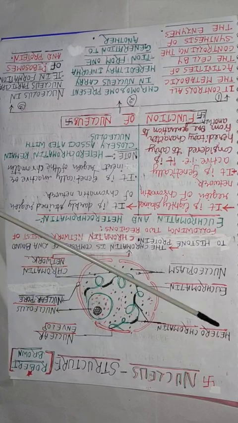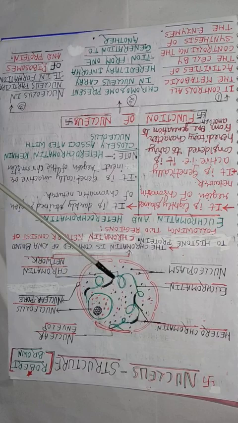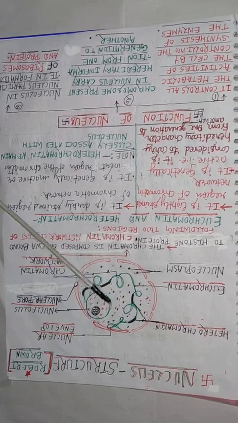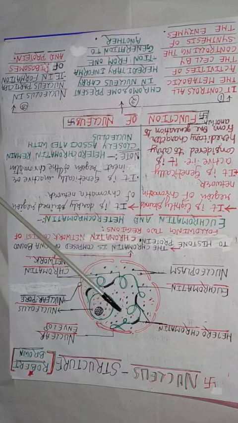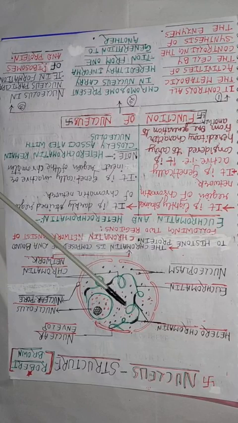And student, heterochromatin, just opposite, is genetically inactive. These darkly stained ones are heterochromatin, children. These are genetically inactive or inert regions, meaning they cannot carry hereditary information from one generation to another. Okay, but student, heterochromatin remains closely associated with the nucleolus.